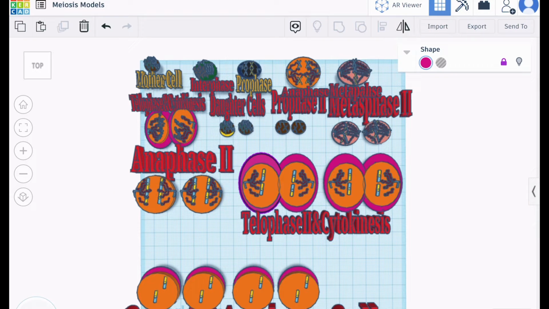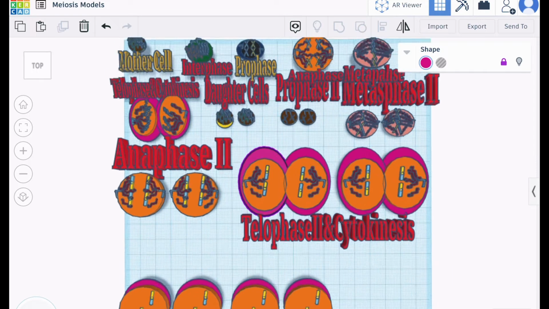Alrighty, so now we are going to look at differences between mitosis and meiosis. So first up, the first difference is that mitosis is genetic cloning, and meiosis is not. It involves genetic diversity. Now you can actually see that on my models here.